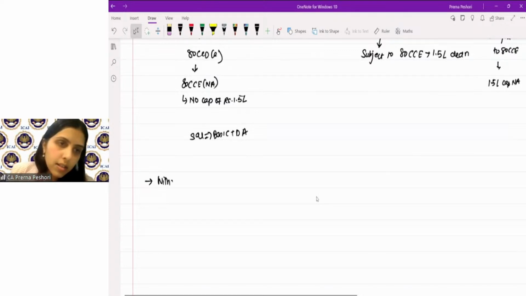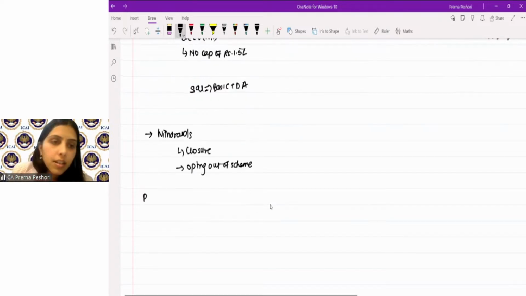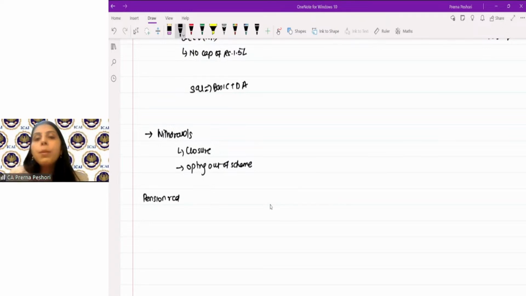So withdrawals on the closure of the account, opting out of the scheme, or in case the pension is received, these amounts will be taxable. So exemption will not be available. Sorry, the deduction which was allowed earlier will be taxed if the amounts are received on the closure of the account on account of opting out of the said scheme.